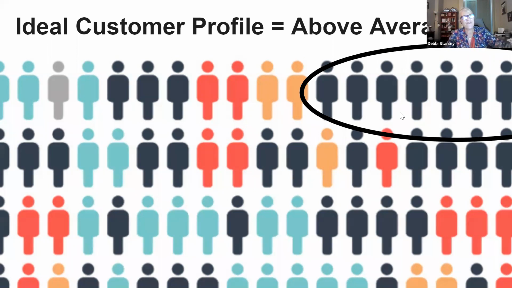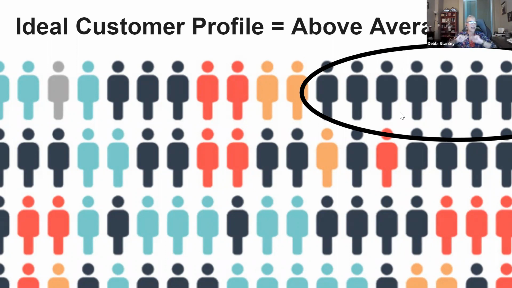So if your average donation is, let's say, $72, you want to talk to that group as a whole. But you want to talk to these people specifically. We call this one-to-one versus a one-to-many approach.